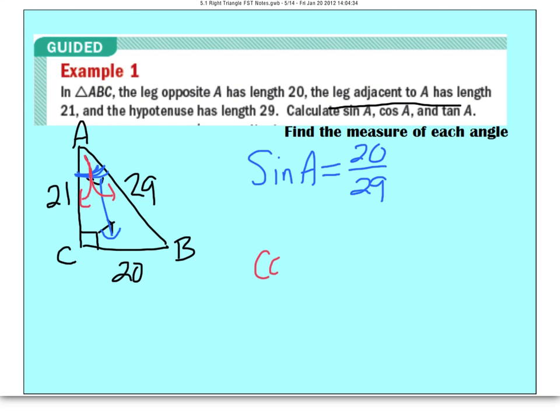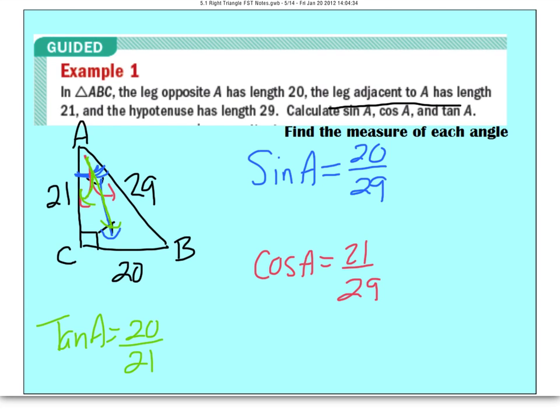So I'll write that here. The cosine of A is adjacent over hypotenuse, 21 over 29. And then the last one is the tangent. Tangent is opposite over adjacent, so the tan of A is going to be 20 over 21. So we have them set up and we found the sine of A, cosine of A, and tan of A.